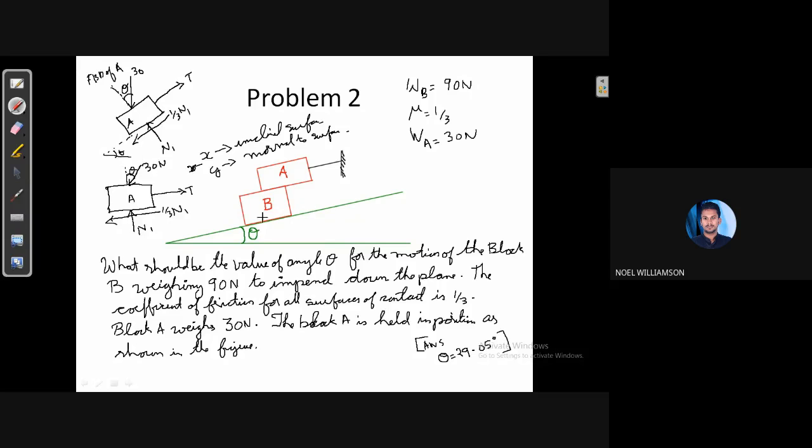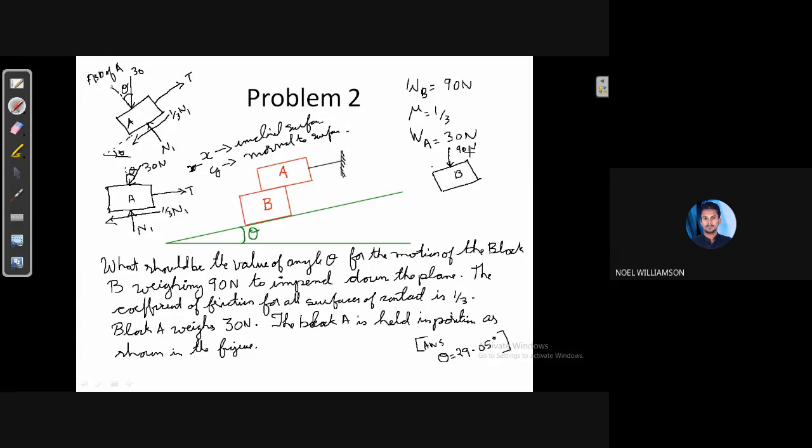Then the next case is the free body diagram for body B. For body B, you can see this is body B, and in a similar way you can see here the weight of B is 90 Newton.